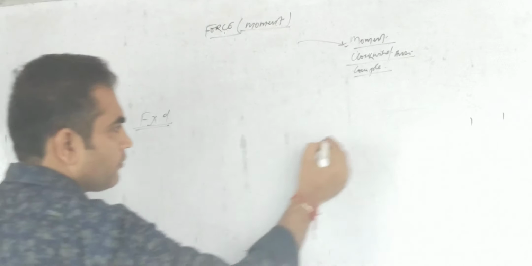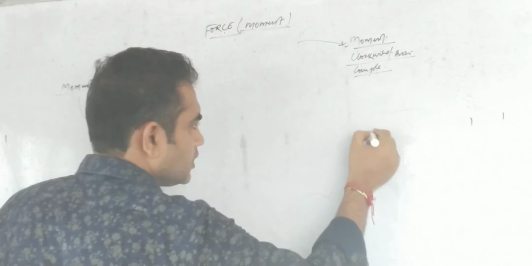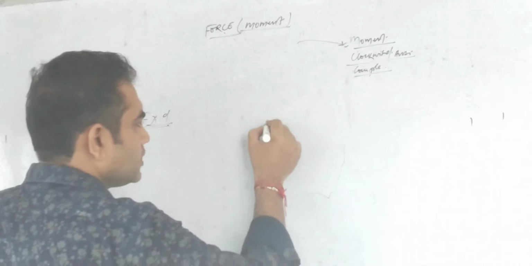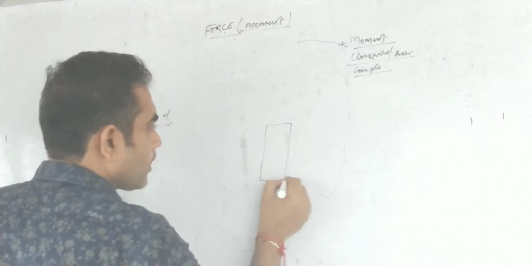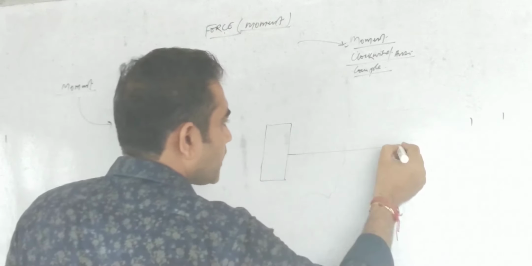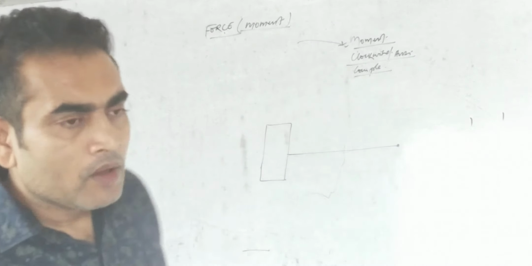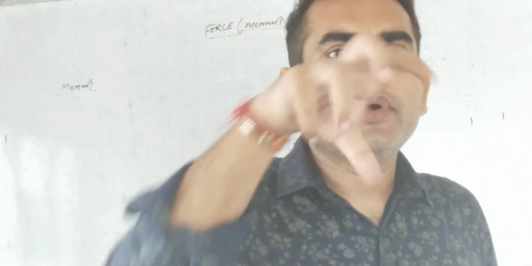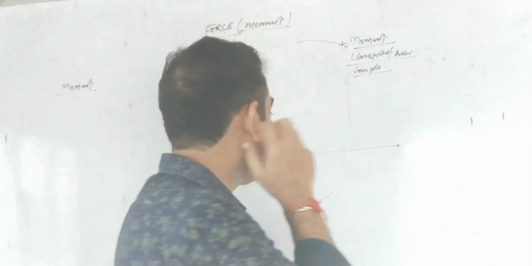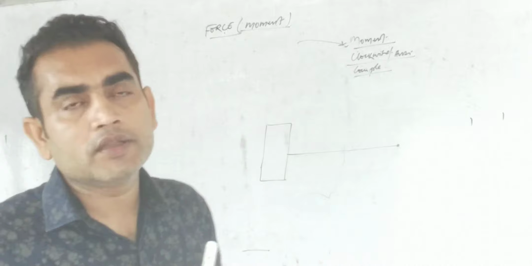First of all, let us have an object. This one is the object, and it is pivoted at a particular point. In the last video I told you that whenever an object is rigid, force acts on it in two manners.